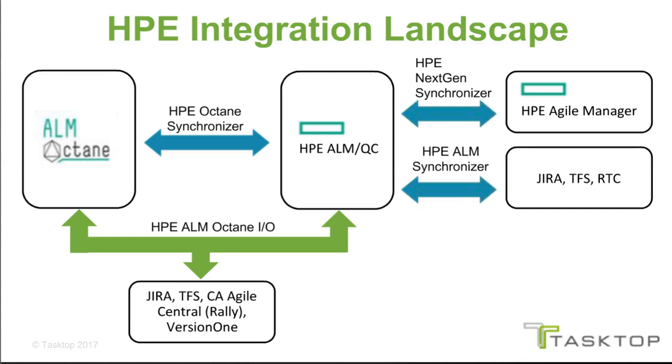I didn't put it on this slide, but I do know that TaskTop offers kind of a free defect-only integration between ALM Octane and ALM.net, so that might be an option as well. But the solution that we talked about today, ALM Octane IO, does not connect Octane and classic HPE ALM.